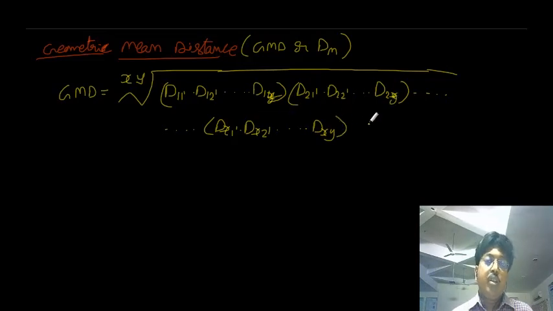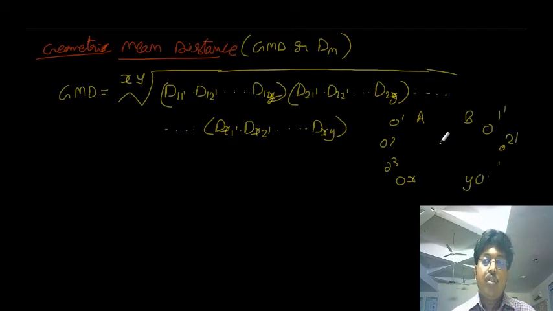Okay, if you see in the previous diagram, one composite conductor carries conductors 1, 2, 3, so on to x. This is conductor A, and conductor B carries some group of conductors: conductor 1 dash, conductor 2 dash, so on to conductor y. So this is the geometric mean of distances.